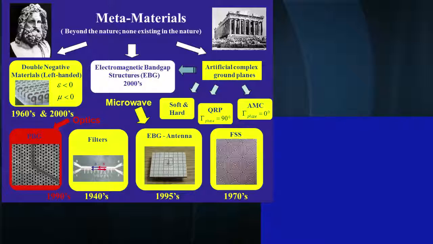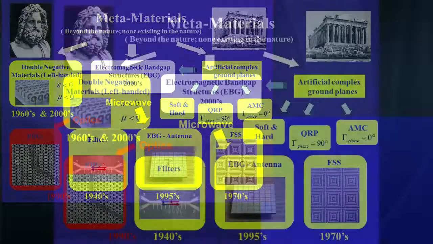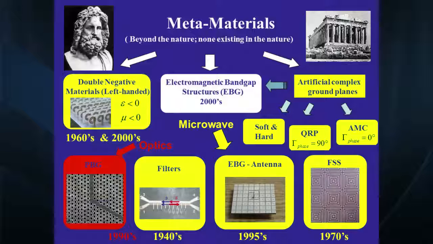The word meta means beyond nature, or non-existing in nature, a broad interpretation. In the antennas and propagation community, MTT, the physics community and optics, they have different angles on this. They could be artificial complex ground planes, electromagnetic band gap, or double negative material.